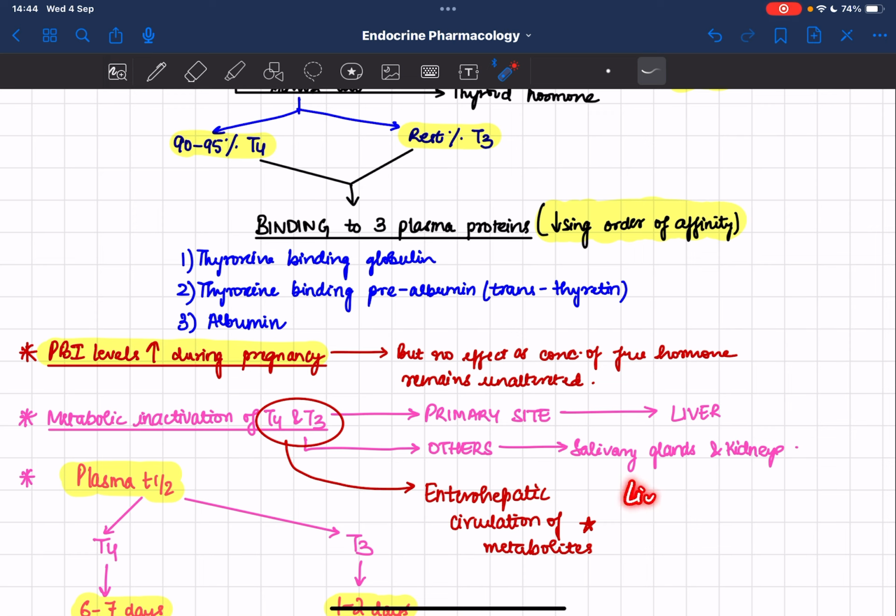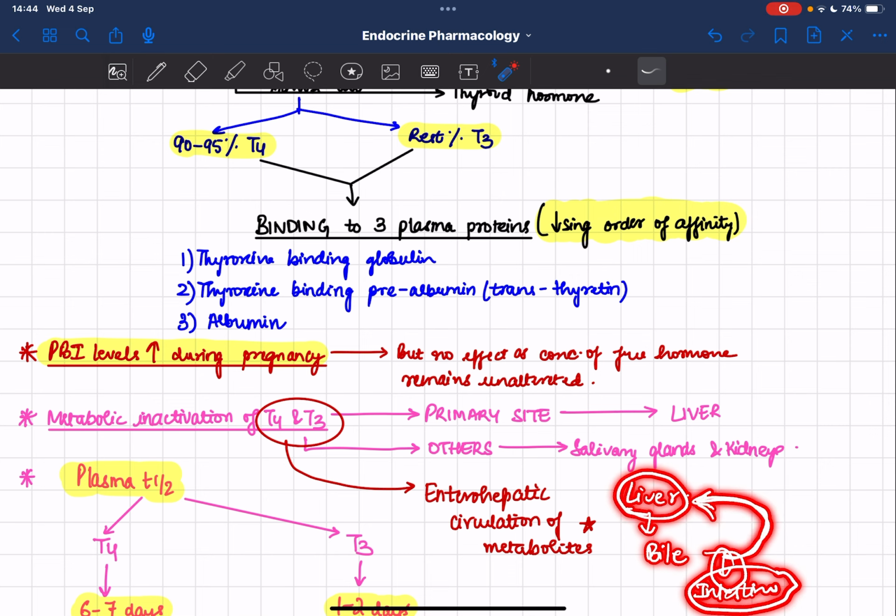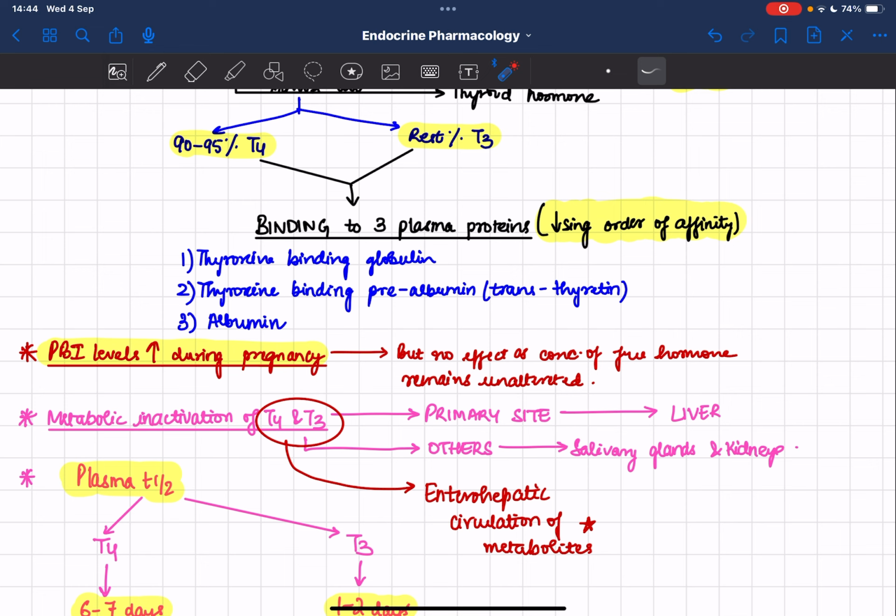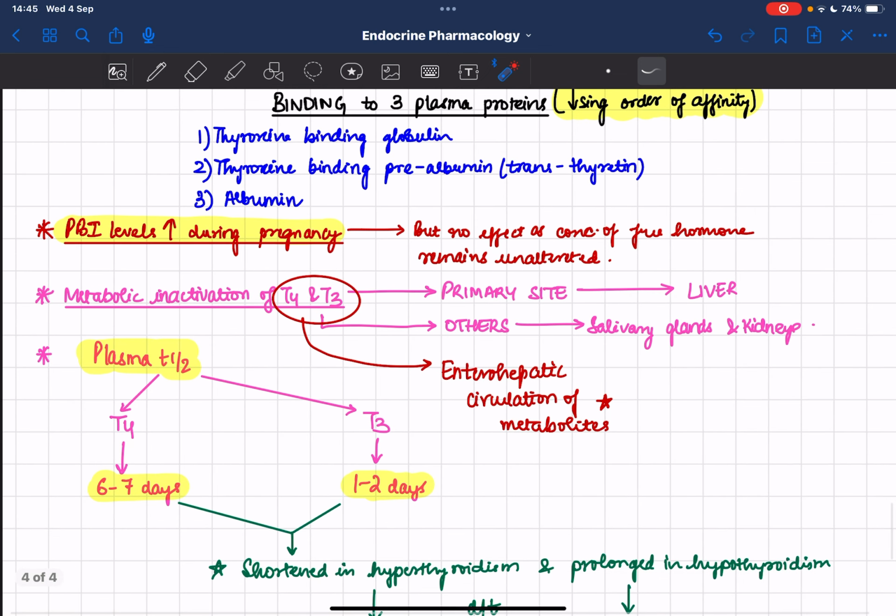Once metabolized in the liver, it is released by bile and goes to the intestine. It can be reabsorbed from there to the liver. So entero because of intestine, and hepatic. So enterohepatic circulation occurs for T4 and T3 hormones. That much you need to know.